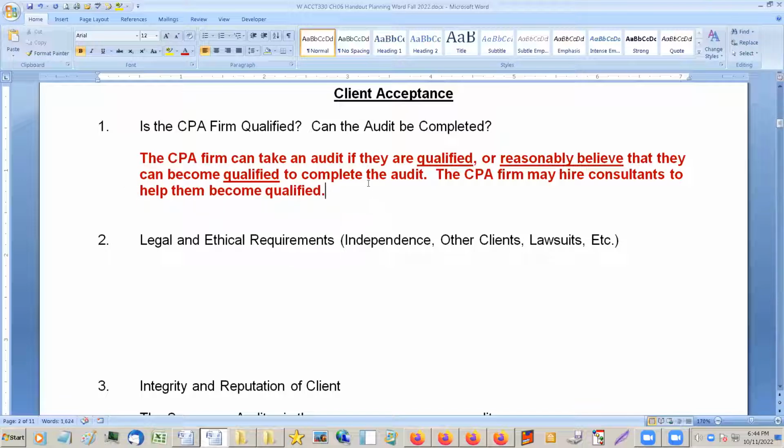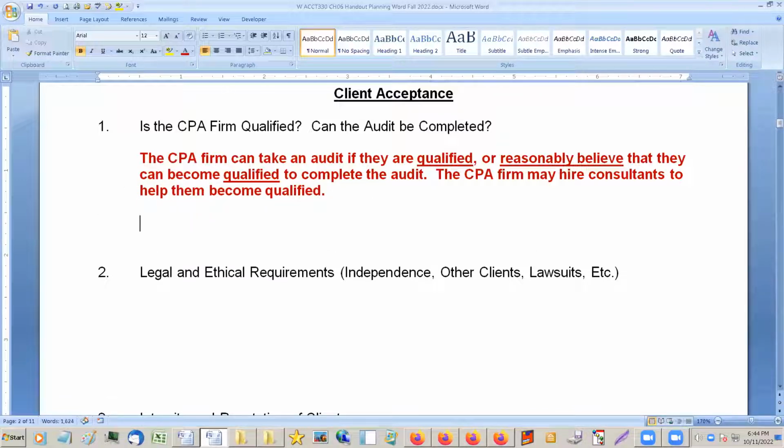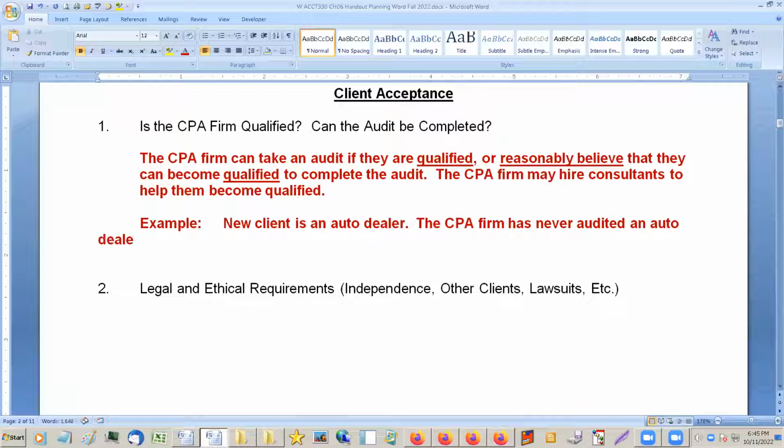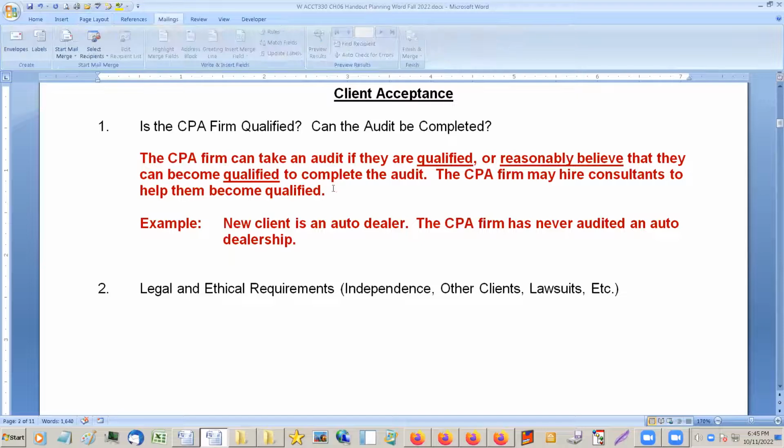For example, a new client is an auto dealer.